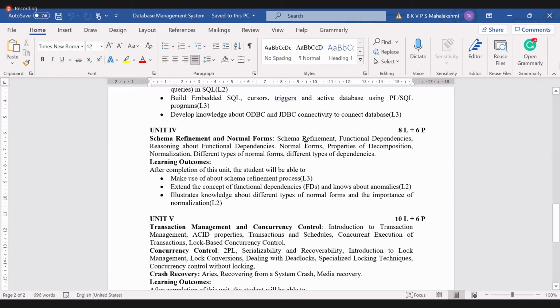This is the introduction about schema refinement, and I'll tell you concept by concept. I'll share the PPT.